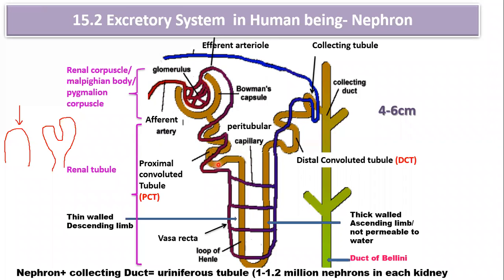Because of the coiling, the filtrate flows slowly and spends more time in the proximal convoluted tubule, so that it ensures maximum absorption.